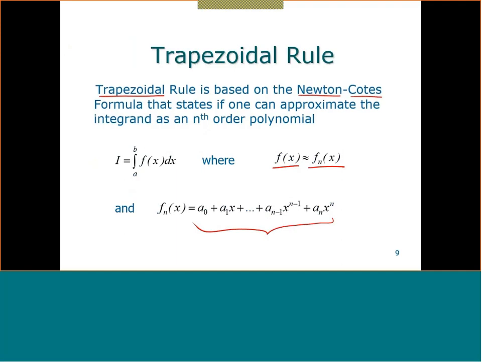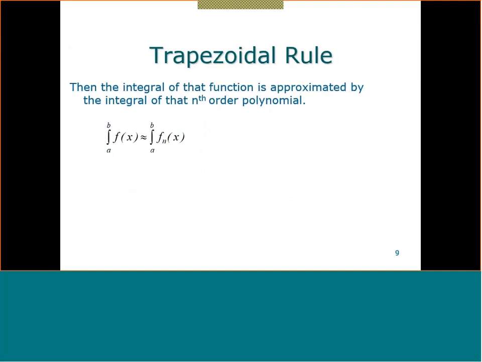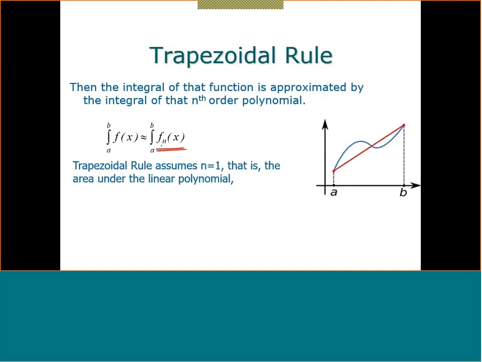If you have 2 points, I can find the polynomial that represents it, and this could be first order, second order, nth order. The trapezoidal rule is a special case of this, where we assume that n is equal to 1. So we will approximate the area between A and B as a trapezoid, or as a linear function.